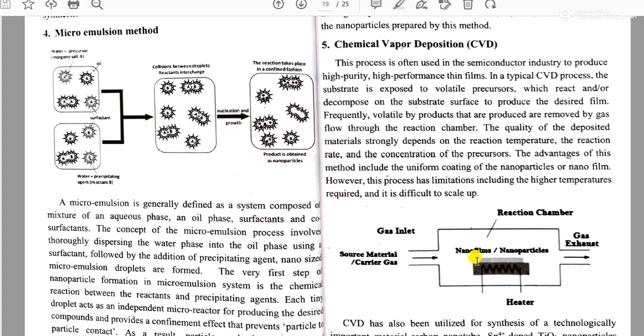So through this technique we are able to prepare two-dimensional nanomaterial. Okay, we are able to obtain a two-dimensional thin film or a two-dimensional coating, a nano coating over a particular substrate. So either the volatile precursor deposits over the substrate, or it will react with the substrate and form a thin film over it.